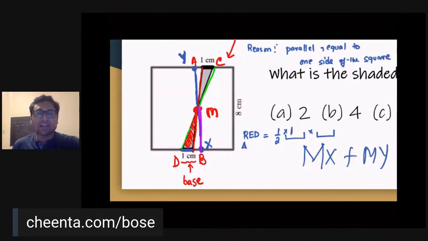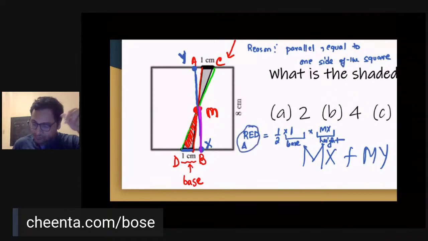Excellent. It is half times MX. So this is MX. Very good. So 1/2 times 1 is the base, times height. So you have a base which is 1 centimeter, you have height which is MX, and you have half. That's the area of the red triangle.